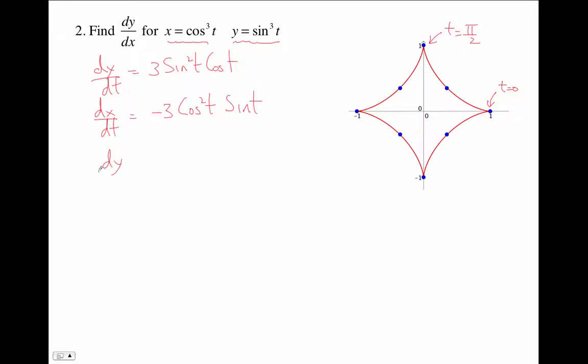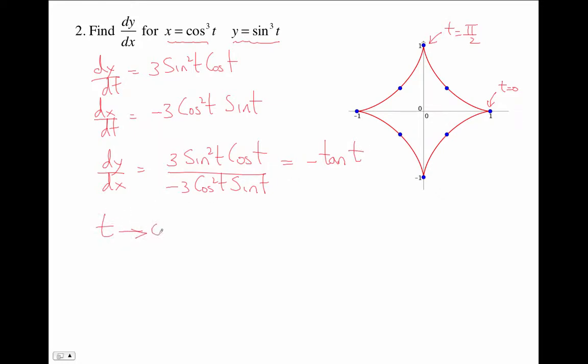So dy by dx, which is the first divided by the second, is 3 sine squared t cosine t divided by minus 3 cosine squared t sine t, that is just minus sine t over cosine t, which is minus tangent of t.